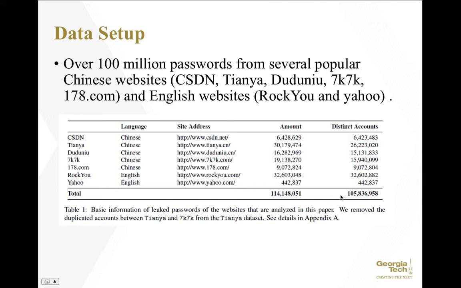After removing the duplicates, the remaining is 105 million passwords. For the Chinese websites, the Tianya website has about 13 million passwords, and the English website RockYou has 32 million passwords. So the dataset is huge, and both English and Chinese have huge numbers of leaked passwords.